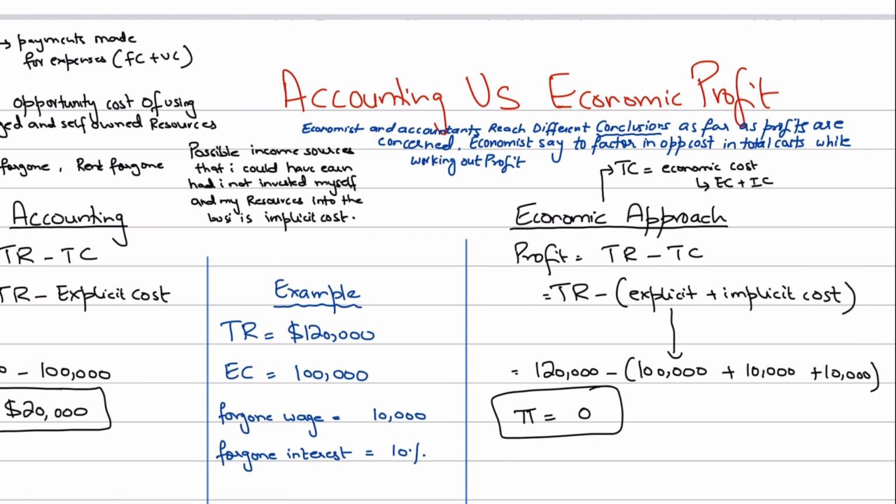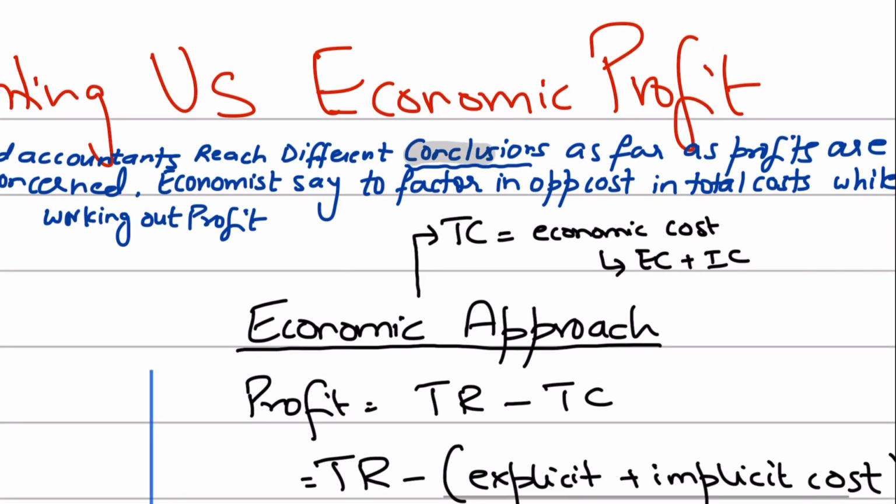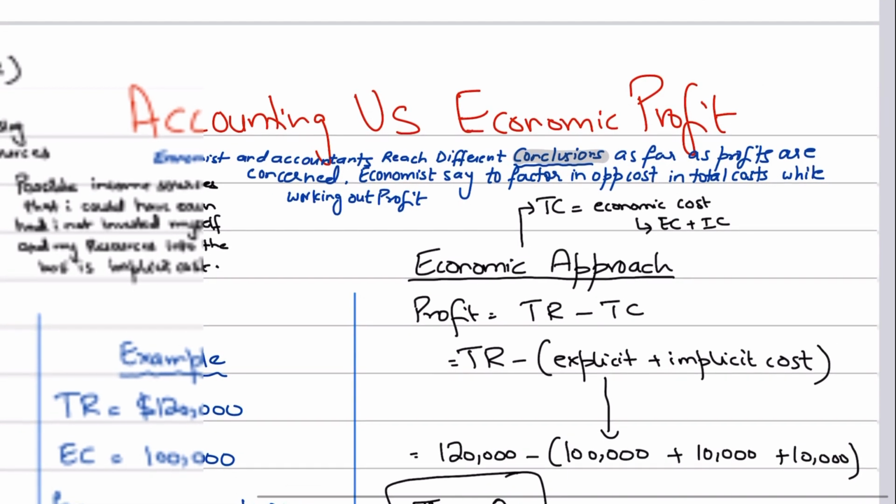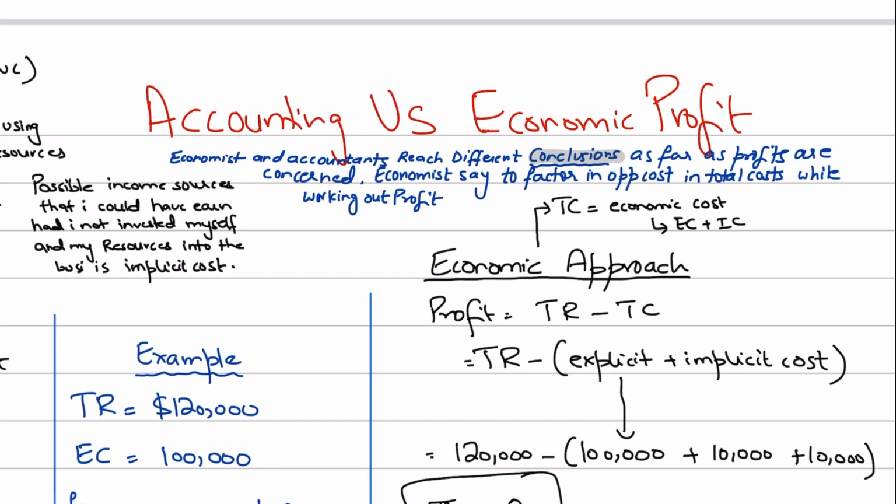So remember that economists and accountants will ultimately reach different conclusions as far as your costs are concerned. And because they reach different conclusions about costs, they will also reach different conclusions about profits, right?